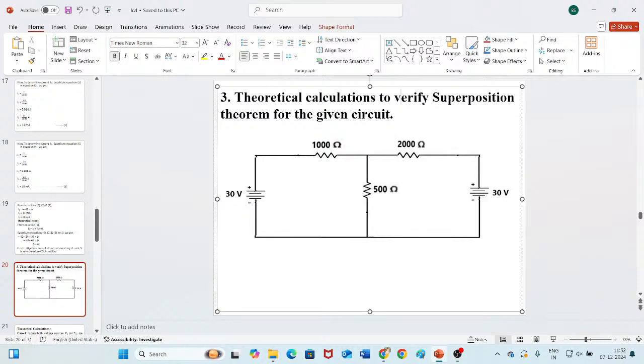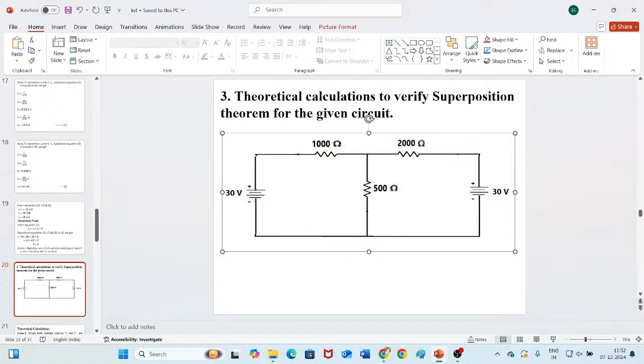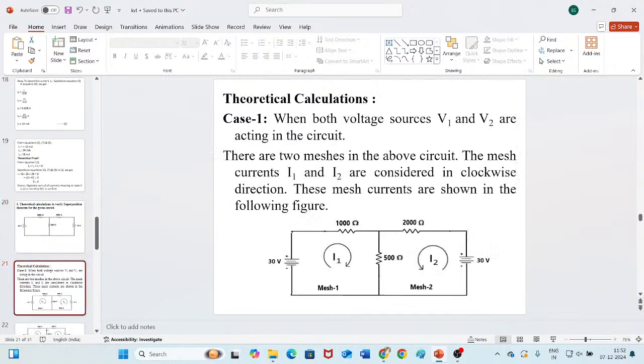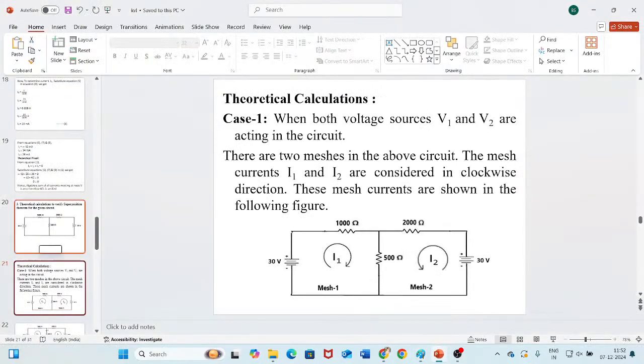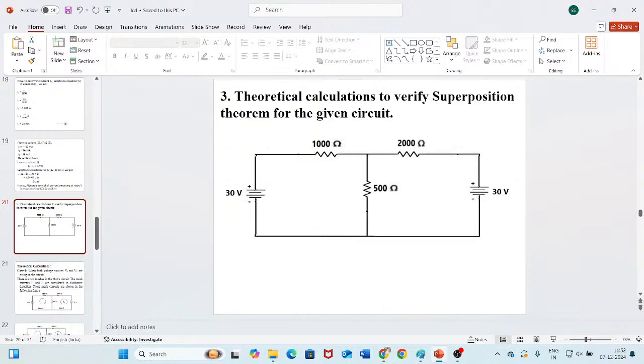Let us consider when both sources are present. I didn't mention V1 and V2, so I will just add V1 and V2 so that it will be easier for you to understand.